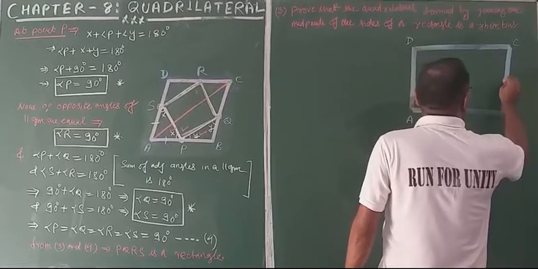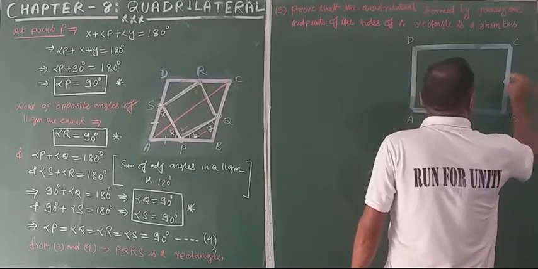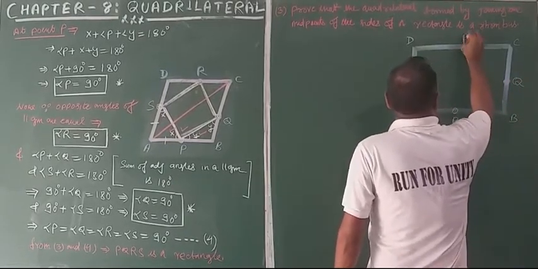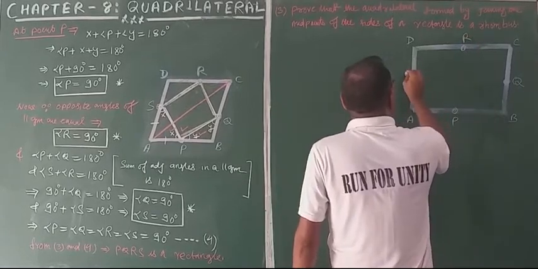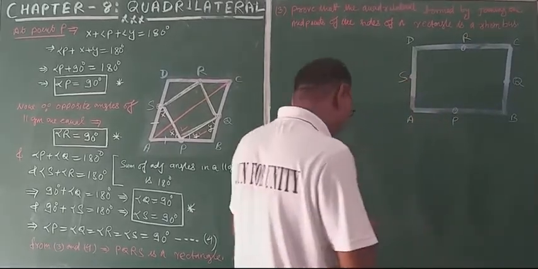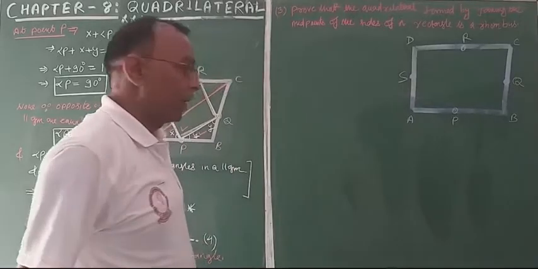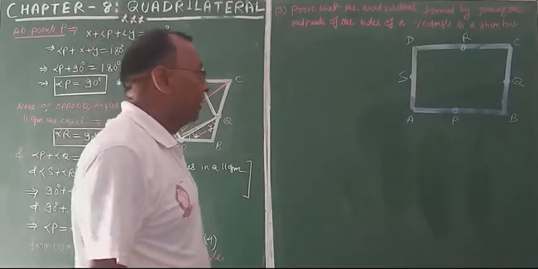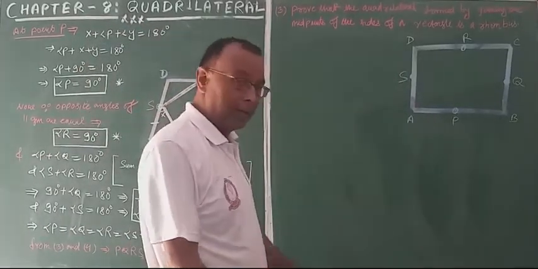P, Q, R and S are the midpoints of the sides AB, BC, CD and DA respectively.